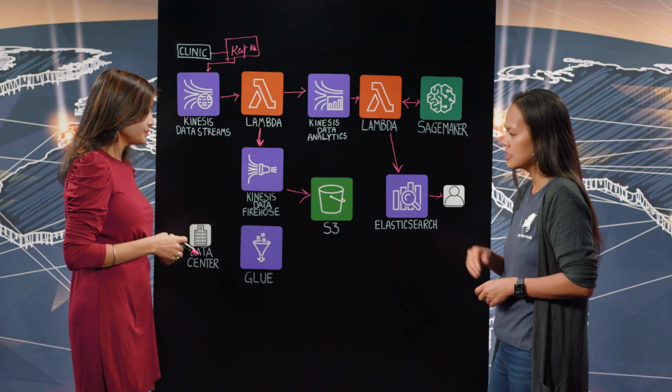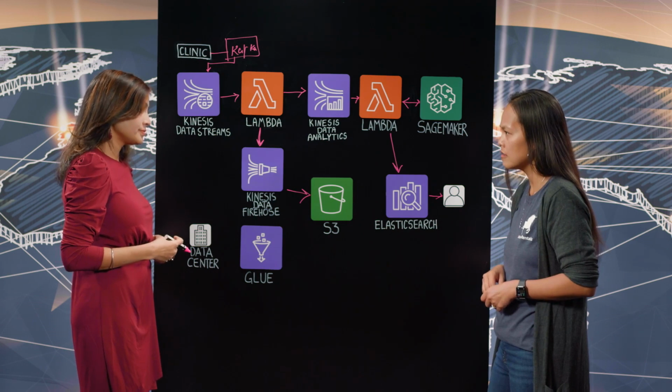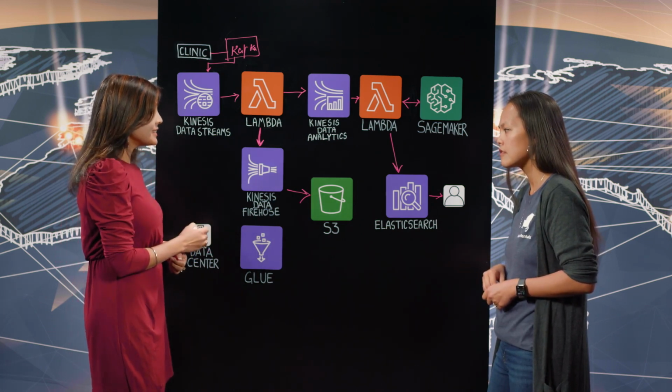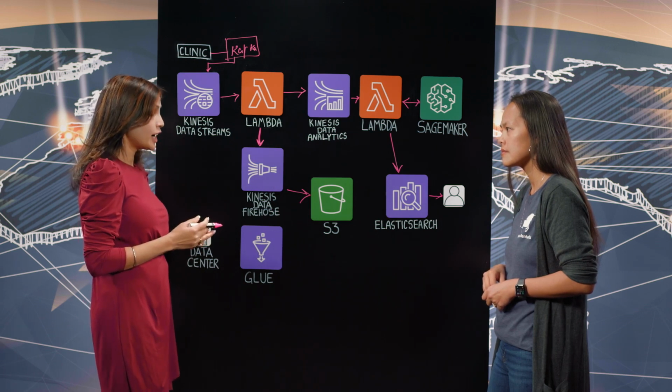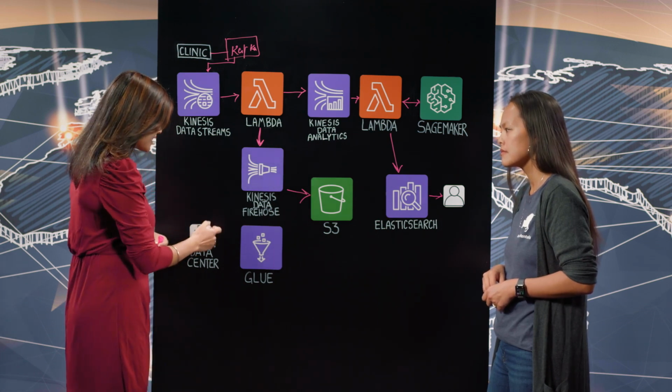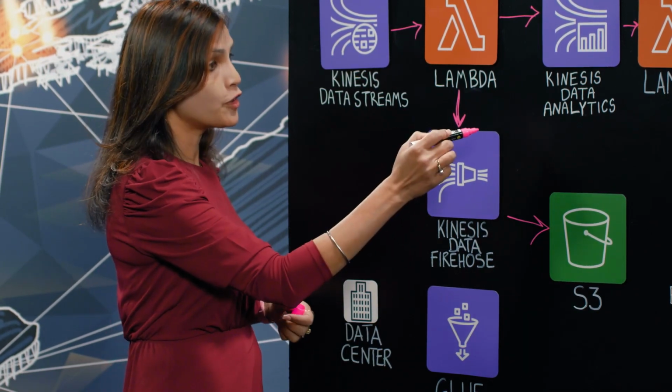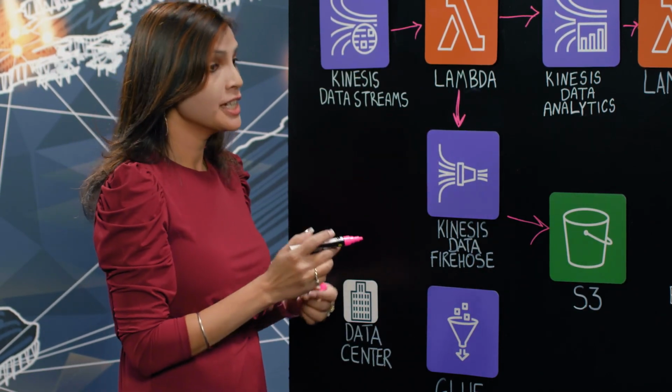Gotcha. And it looks like there's a data center there. What are you pulling from there? That's a great question. So the data center here, we have our enterprise data warehouse, which has all the clinical data sets sitting there. These clinical data sets are also part of our intradialytic hypotension features.